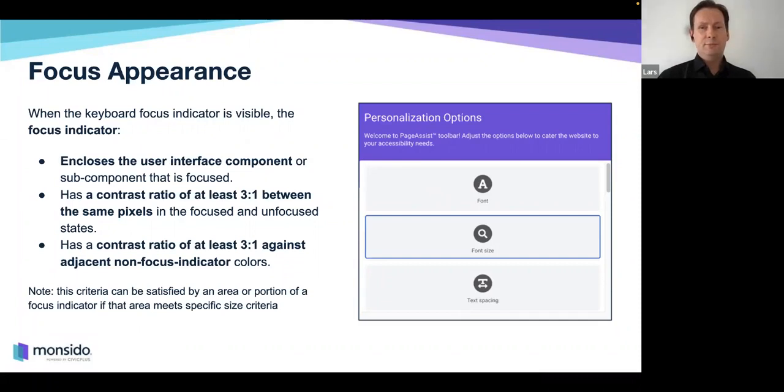So that's typically like a rectangular shape around the element that is in focus. And we already have, from 2.0 and 2.1, a requirement that says the keyboard focus indicator must be visible. The problem today is it does not say how visible it needs to be.